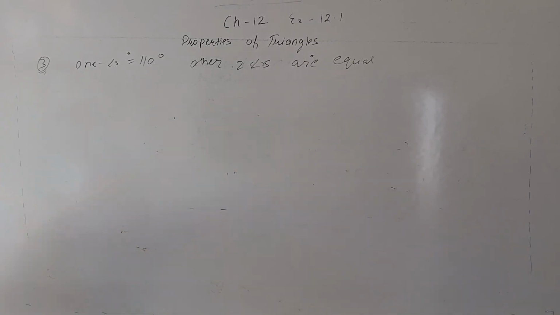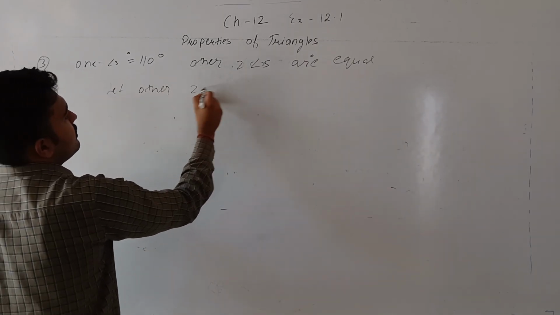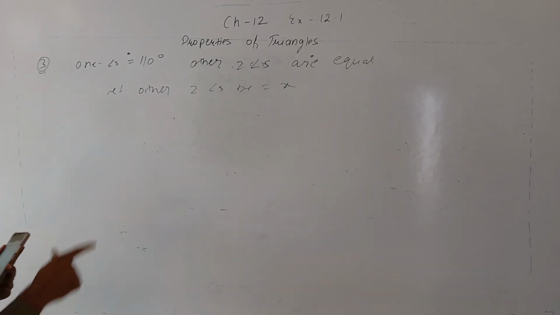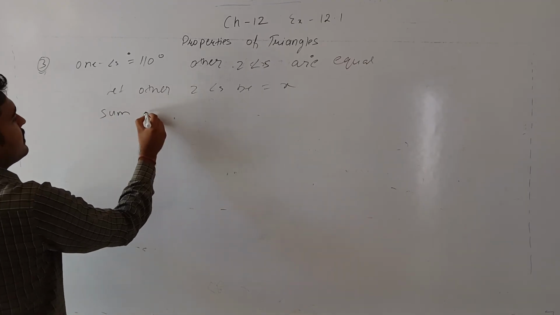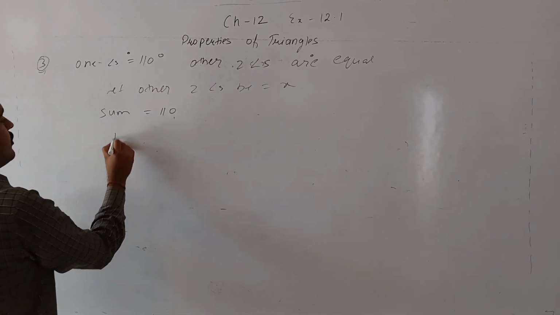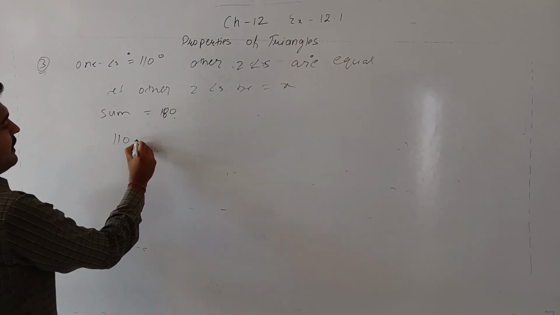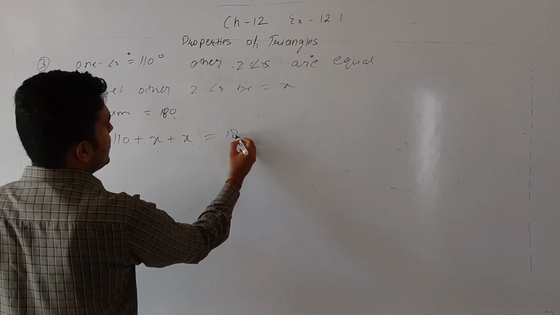So let the other two angles be equal to x. Therefore each angle is equal to x. Therefore the sum is equal to 180. Therefore 110 plus 2x is equal to 180.